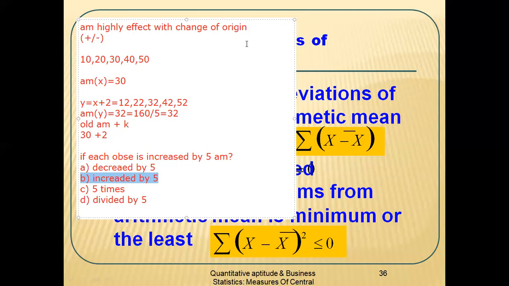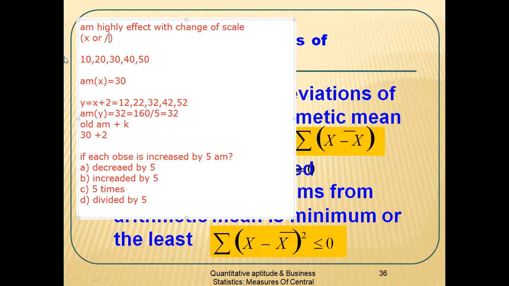Now the next concept is change of scale. Addition or subtraction is with respect to change of origin. Which two are related to change of scale? With respect to change of scale, it is multiplication or division.